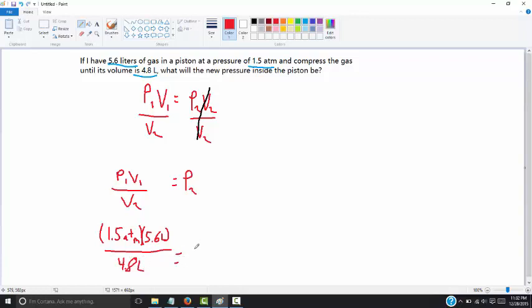Do all that math, you get 1.75 atmospheres. That will round up to 1.8 atmospheres.